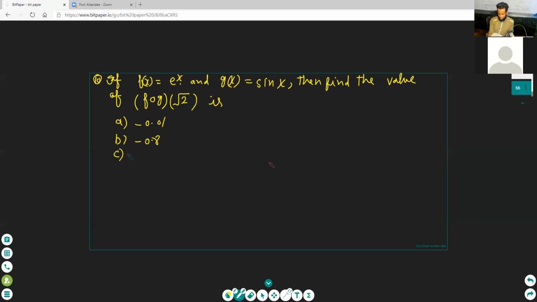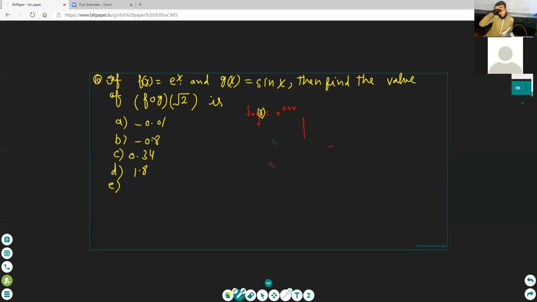First, what will you do? This is composition of functions, okay? Yes, f of g equals f of g of x, okay? First find it. e raised to sine x. Yes, good.